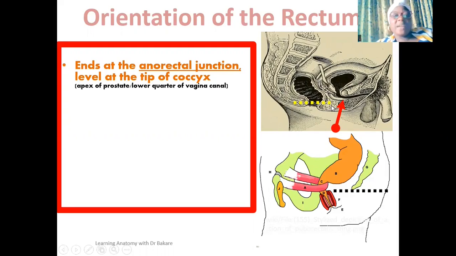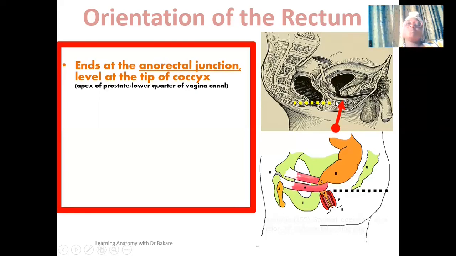So this is why we have the lower part of the vaginal canal as the inferior limit of the rectum in female. We'll also get to this as we go through this lecture, just for us to know that in female, the inferior border of the rectum is marked by the lower quarter of the vaginal canal. This is because of the position of the uterus that is located anterior to the rectum in female. So that is what establishes where the rectum terminates in both the male and the female.